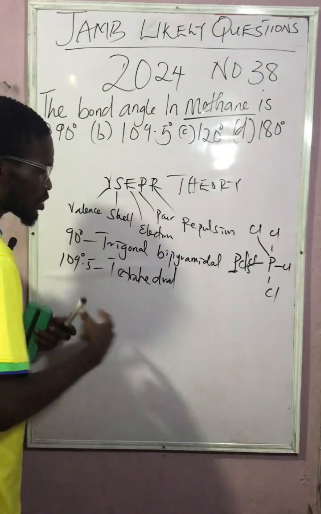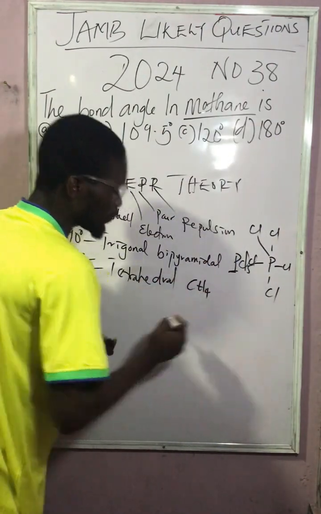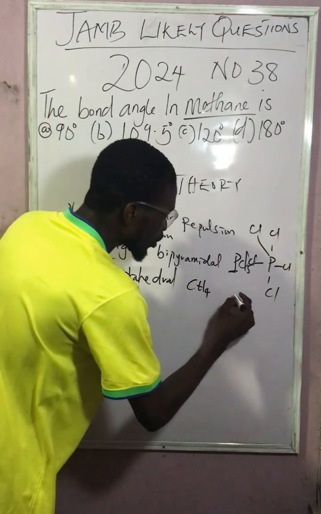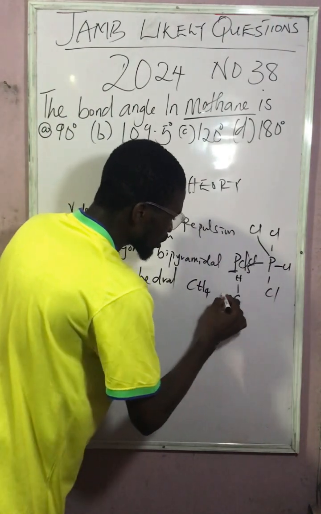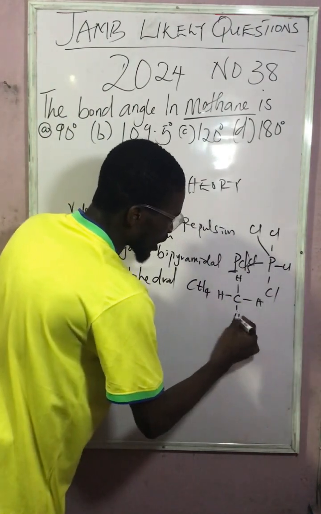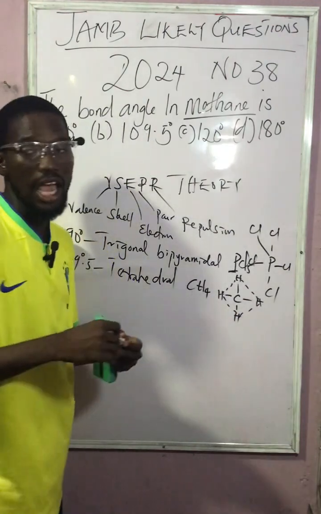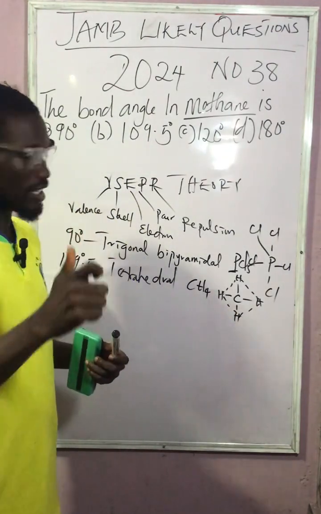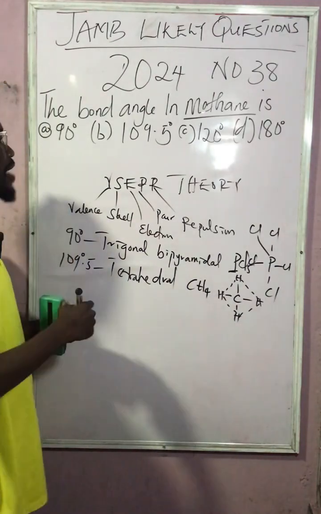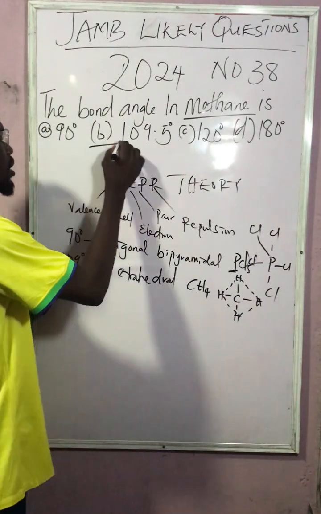So guys, let's pick CH4. The carbon will be the central atom. We have H, H, H here, and we also have H here. This represents a tetrahedral, which is 109.5. So the answer is B.